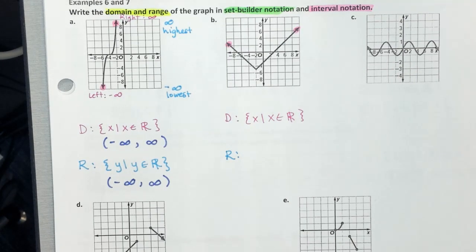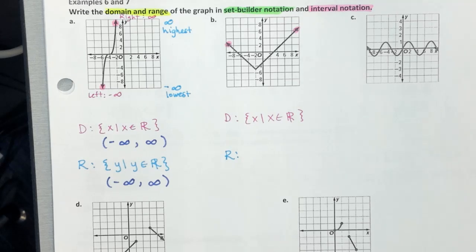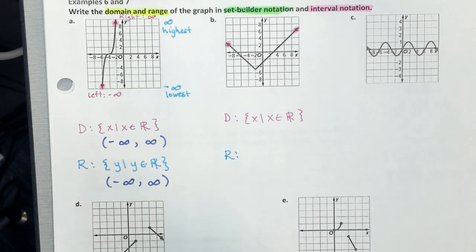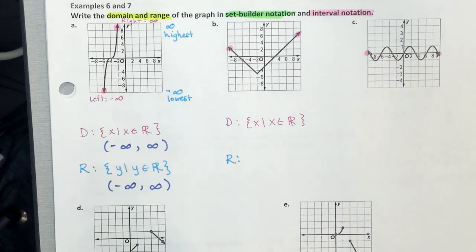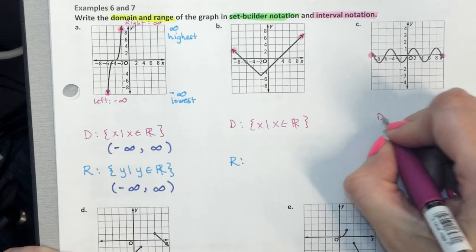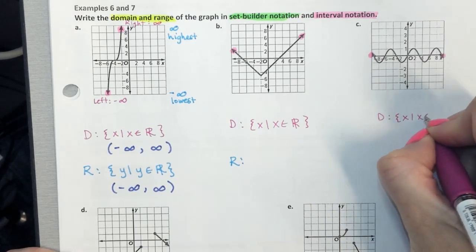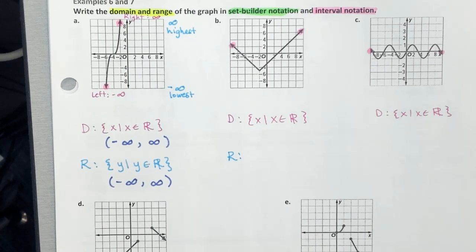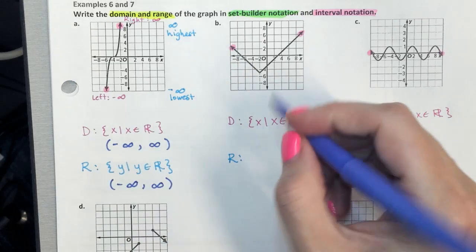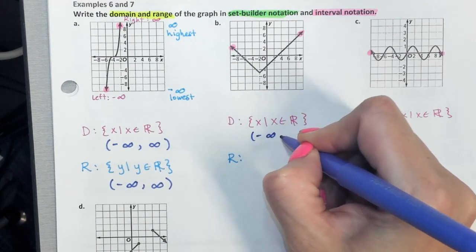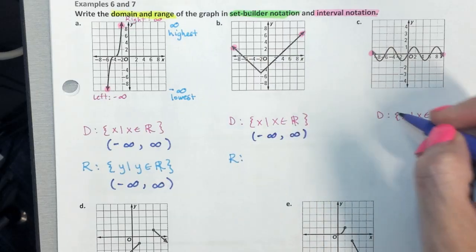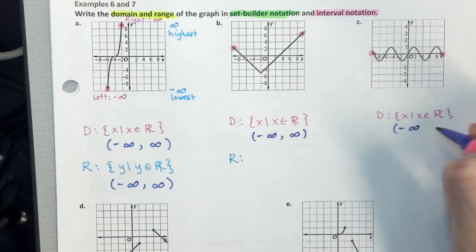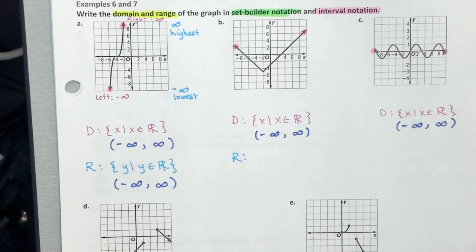Is that a continuous graph? Can I draw it without picking up my utensil? Yep. Do I have arrows on both sides? Yep. So guess what my domain is going to be? All real numbers. Okay, and anytime it's all real numbers, your interval notation is just negative infinity to infinity. We're going to be practicing those figure eights there.